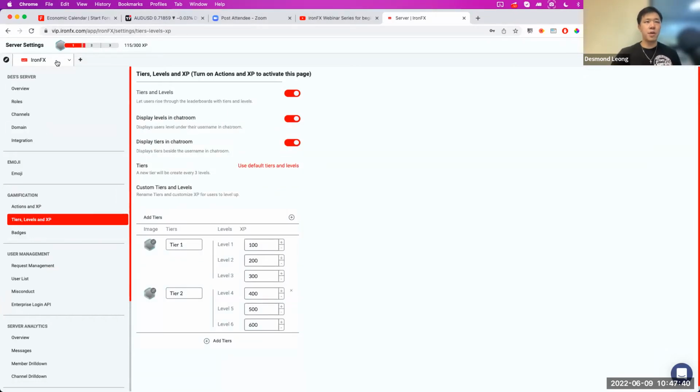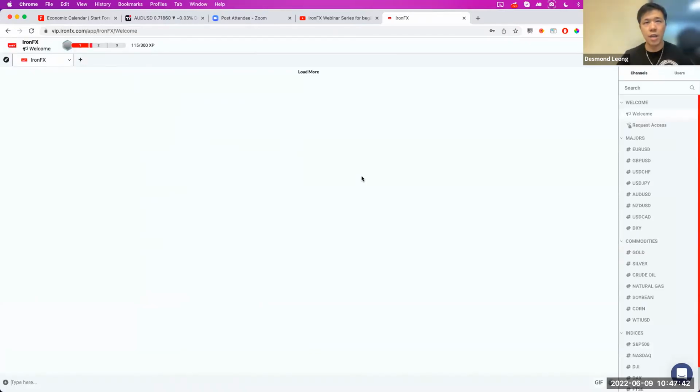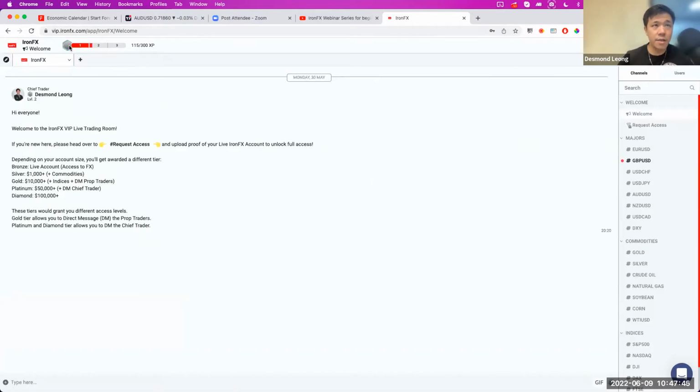And most importantly, we're going to give you different prizes along the way. The higher you rise up the rank, you can see this little XP bar at the top. We're going to give you some exclusive indicators that cost anywhere from $150 to $350 per indicator. We've got some exclusive indicators to give you in there once we implement that.